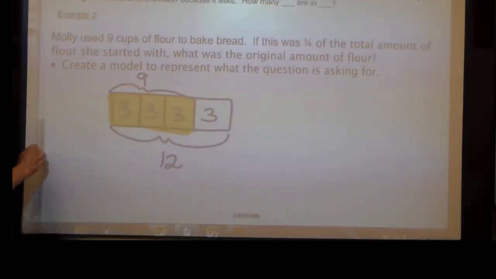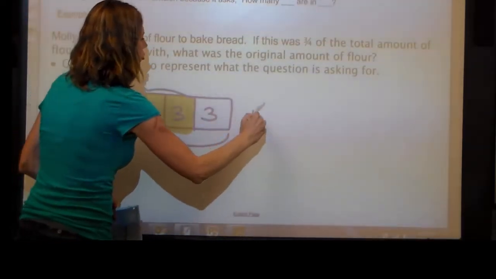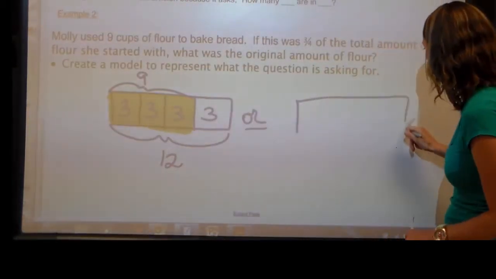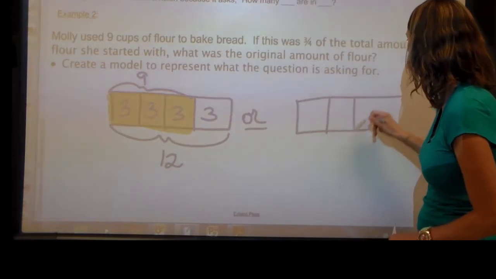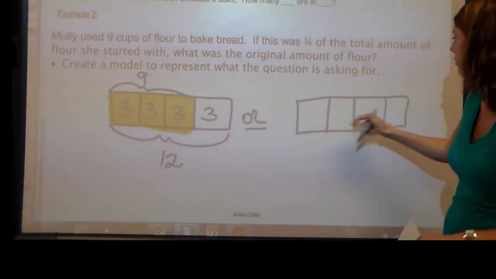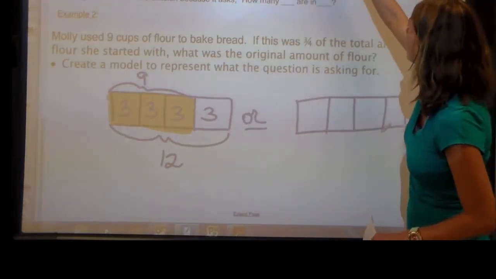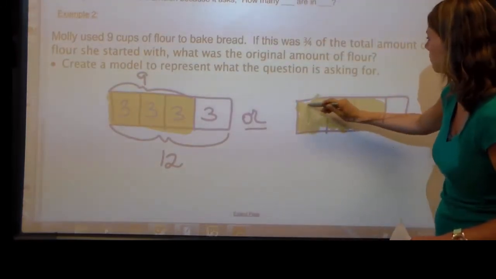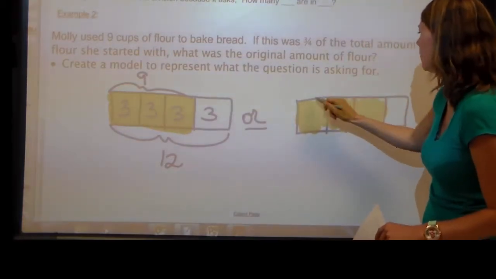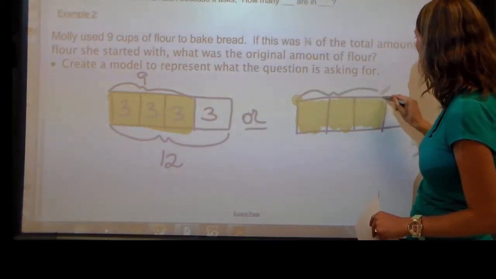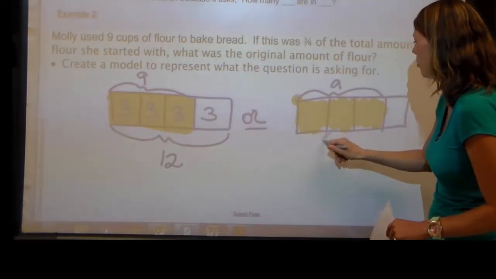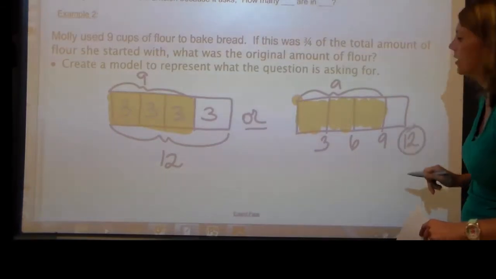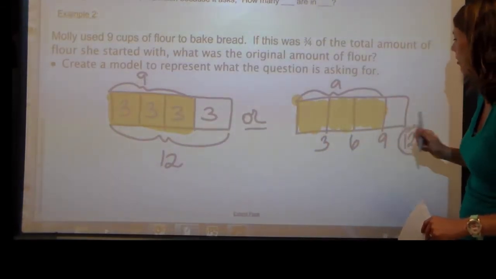Another way that I could do this, it's pretty similar, but just slightly different. I'm also going to have 3 out of 4. But this time, if this is 9 right here, I can go 3, 6, 9, and put my 12 at the end, counting those.